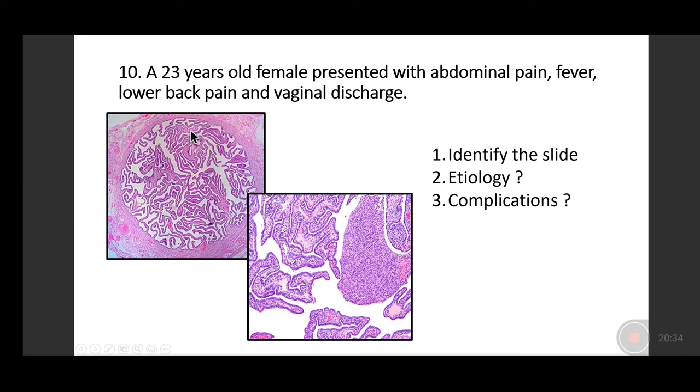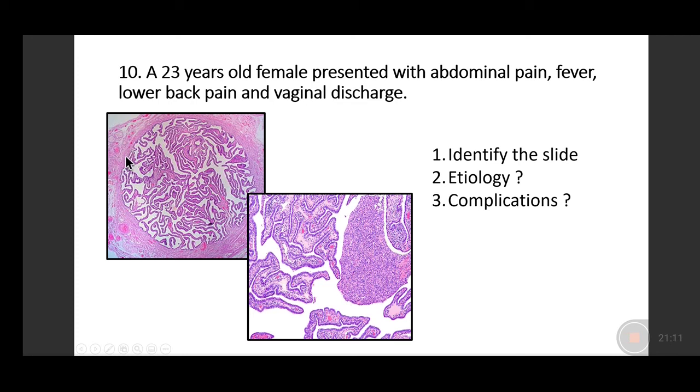In the microscopic picture, you can see a tubular structure in which the lining epithelium is thrown into folds, and this lining epithelium is somewhat cuboidal to columnar, and along with that there is an increased chronic inflammatory infiltrate. So this is a slide of salpingitis.